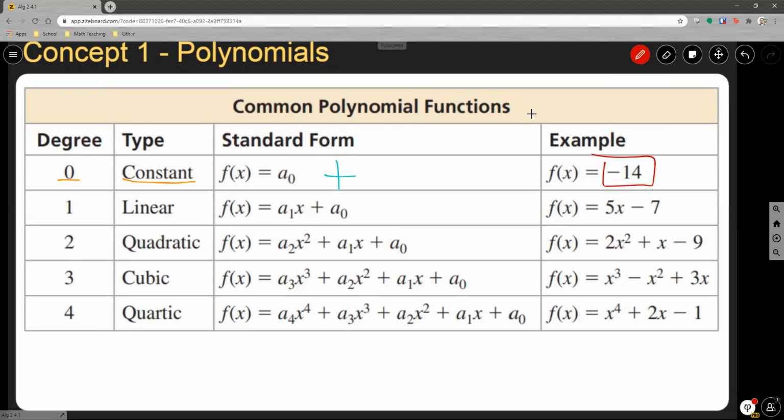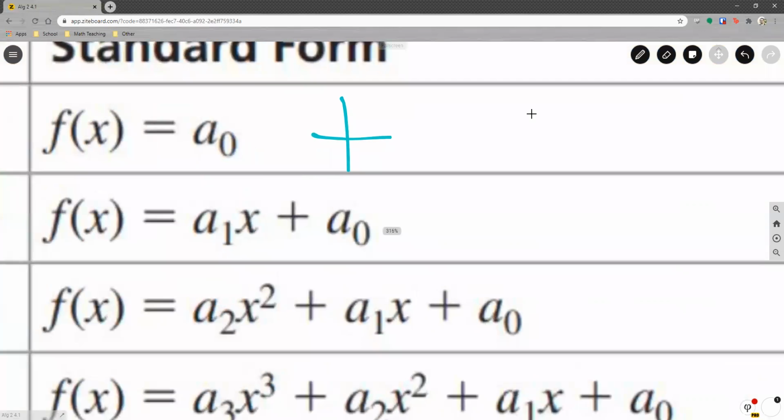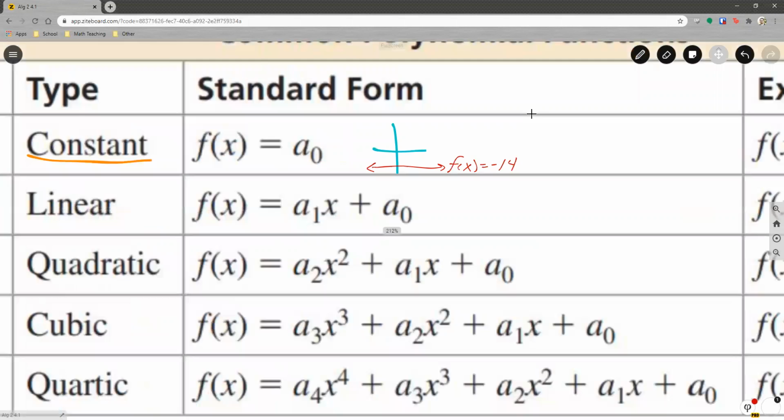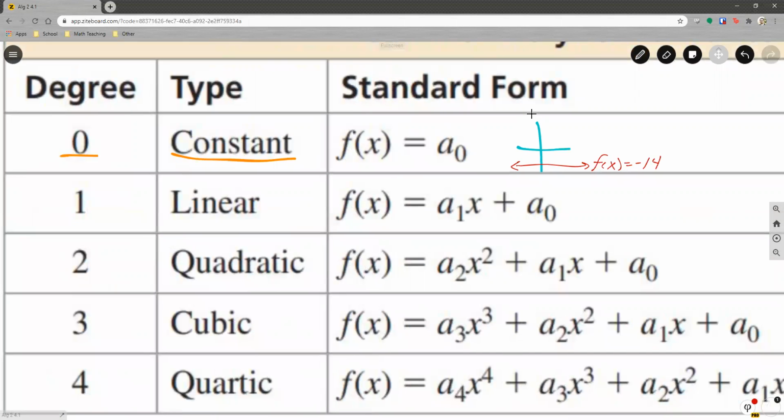Well, it's a constant function, which means that my f of x value never changes, or my y value never changes. If I were to graph that, it would just be a straight horizontal line at f of x equals -14. It's constant no matter what my x value is. I'm always at -14. So that's what we call a 0-degree polynomial.